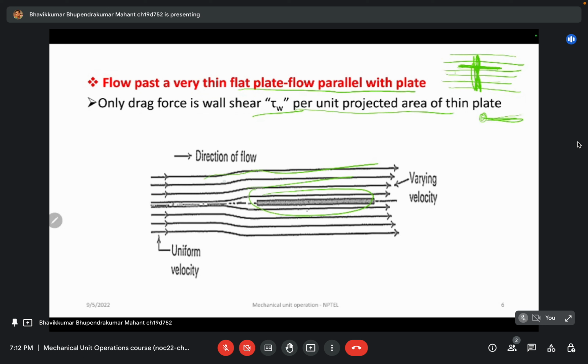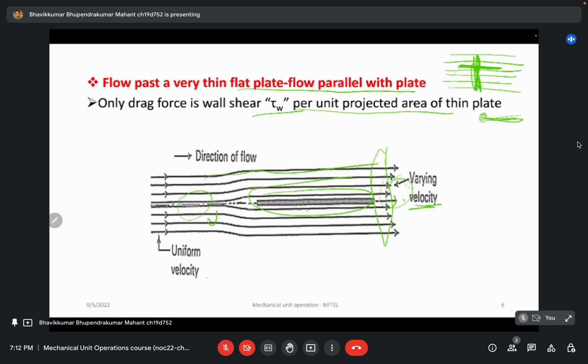You can see that the value of velocity is different in this section as well as this section. The velocity varies from this uniform velocity. Here you can see all the velocity components are different, that's why it is varying.